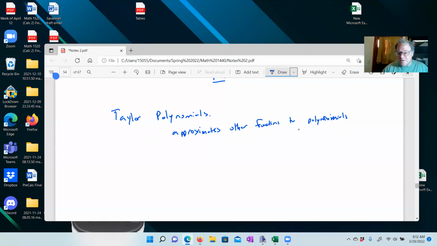A classic example, if you took statistics, is 1 over square root of 2 pi sigma squared, e to the negative x minus mu, squared all over 2 sigma squared. If you took statistics, that's the normal distribution. If I graph it, you'd think you should be able to integrate that.